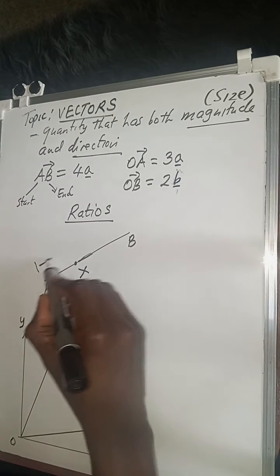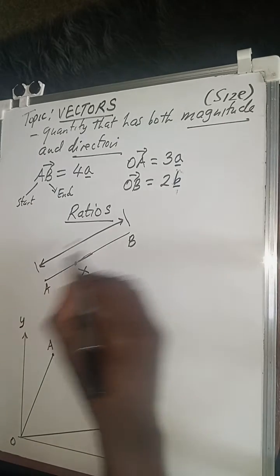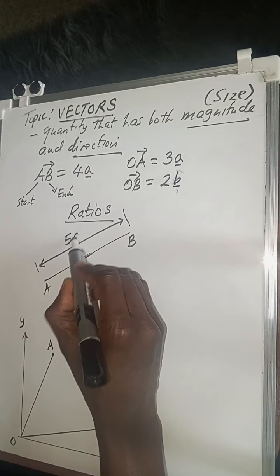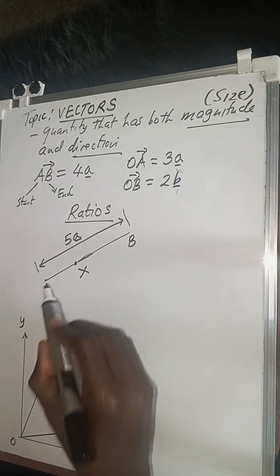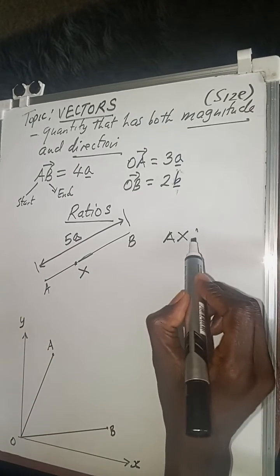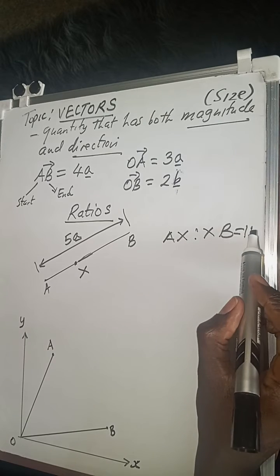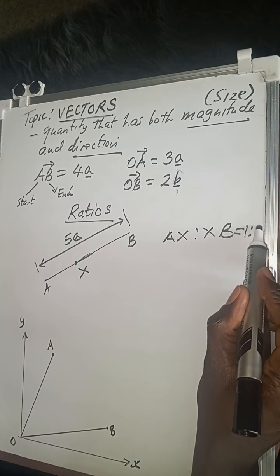Now the total length, or the magnitude rather, of the line AB, let's say that the magnitude of this line is simply 5 vector A. And I tell you that AX to XB is in the ratio 1 to 3.